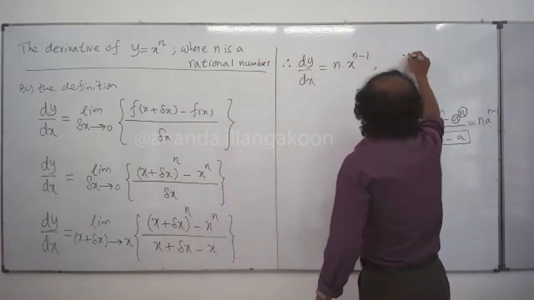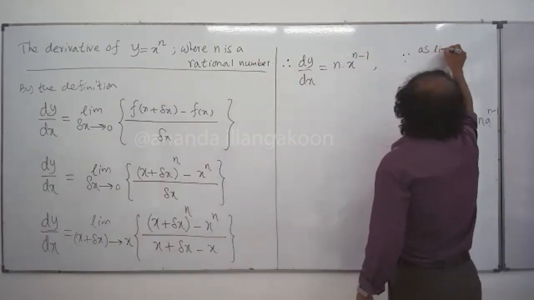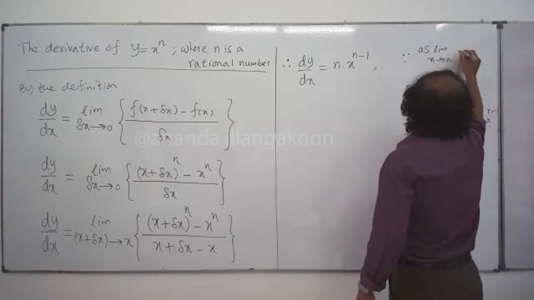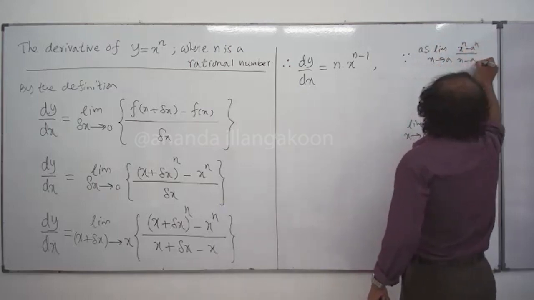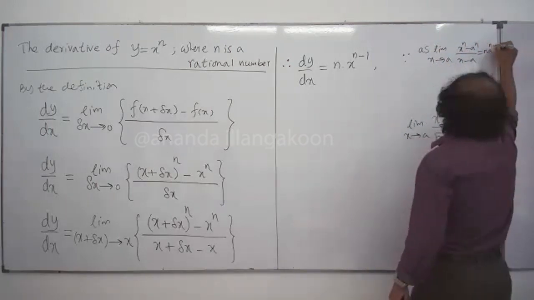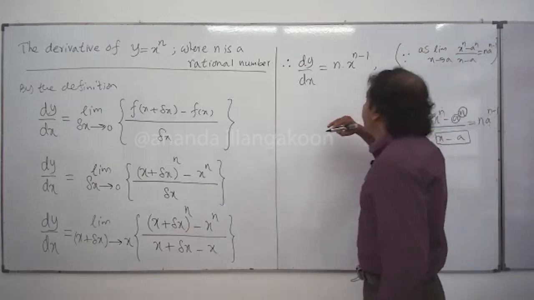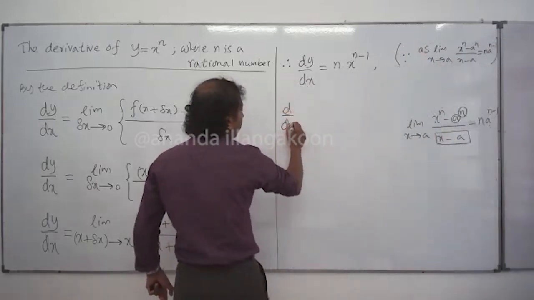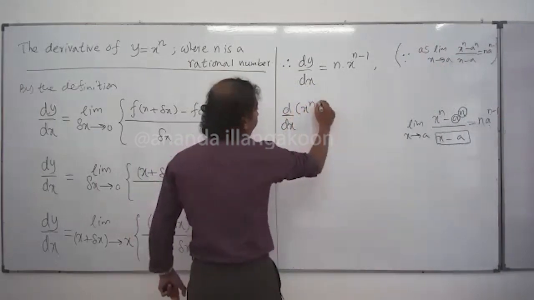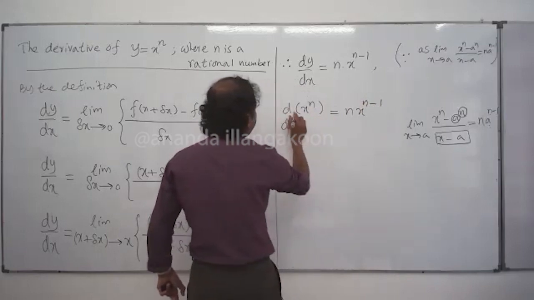The reason is, we can write the reason here as limit x going to a, x^n minus a^n divided by x minus a is equal to n a^(n-1). This one we proved. So therefore, we can write d upon dx of x^n is equal to n x^(n-1).